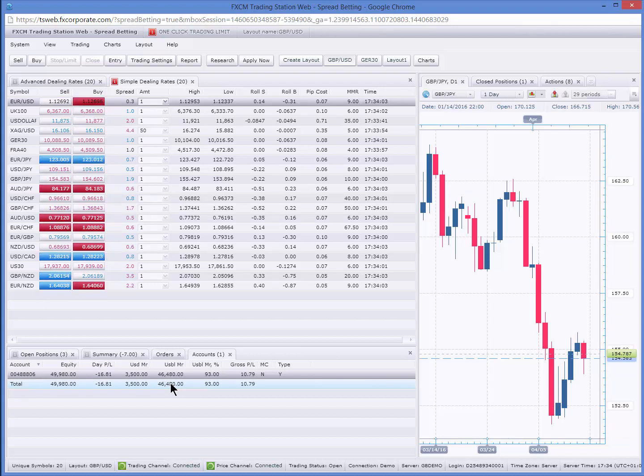So it's important to manage that. Realistically, if you're managing your account properly, if you're engaging in the right level of risk for your trading account per trade, then you should never get anywhere near your margin requirement. You should never get forced out of trades because you should be risk managing your account properly.